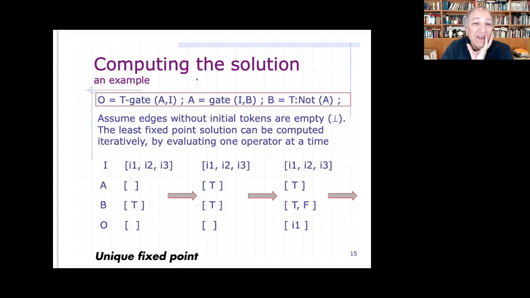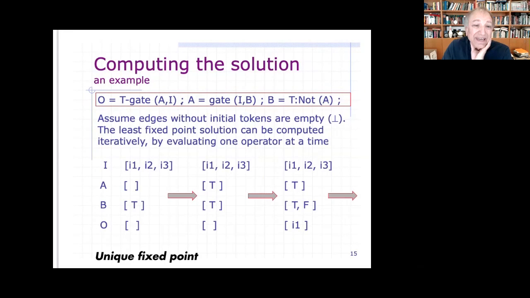So anyway, the way you evaluate this is, say you have some inputs, I1, I2, I3. Now you have to iterate here. Remember, you have this mutual set of recursive equations. You have to iterate to grow this list. So it's a little bit like lazy evaluation.